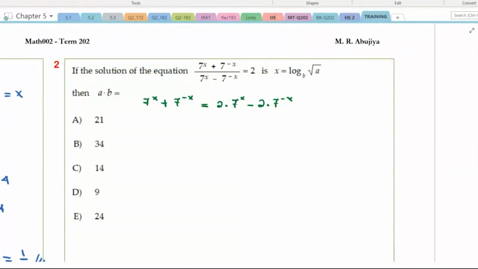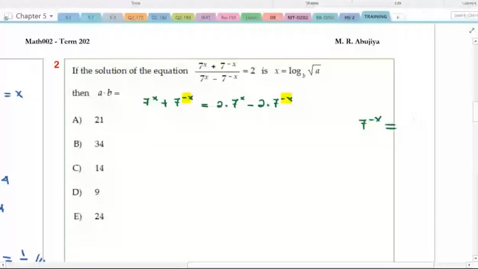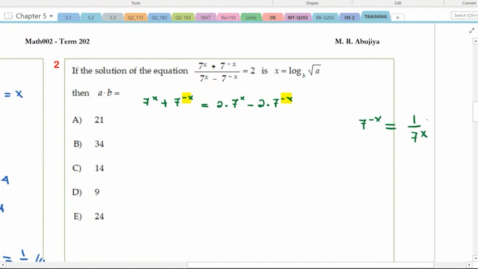Now we have one problem here. 7 to the power of minus x is a fraction. What do I mean? 7 to the power of minus x is equal to 1 over 7 to the power of x. Now you want to avoid fractions as much as possible. In that case, what do we do?